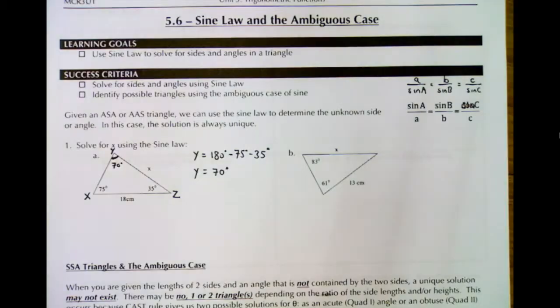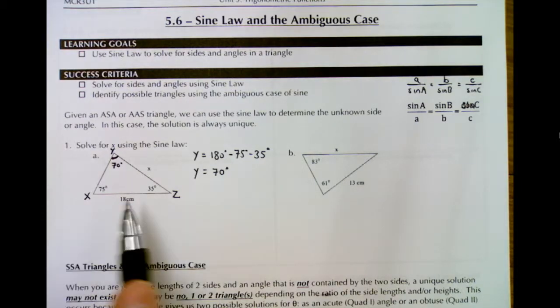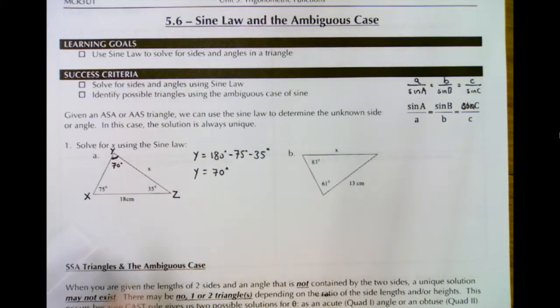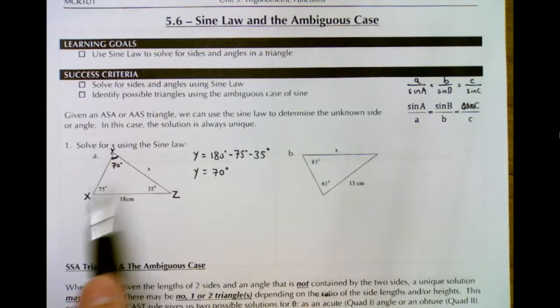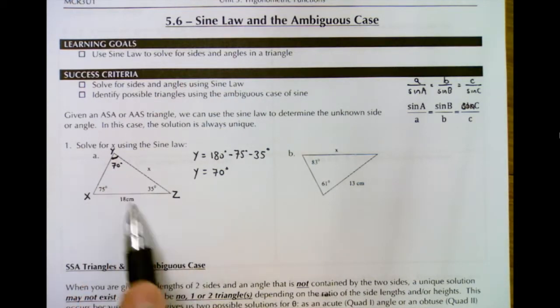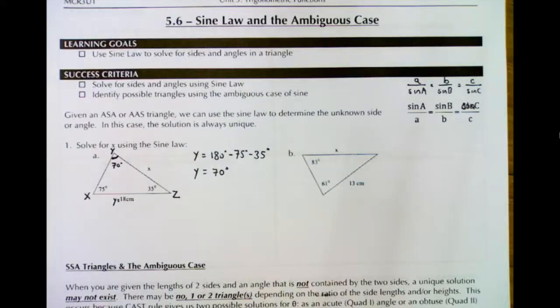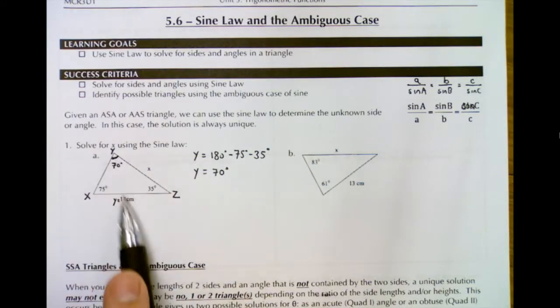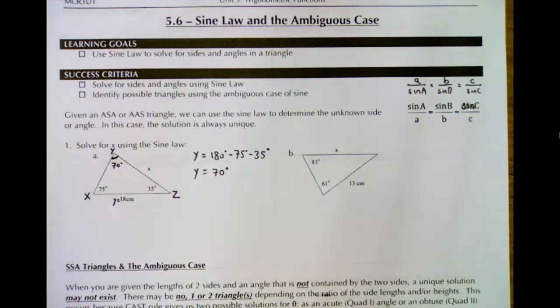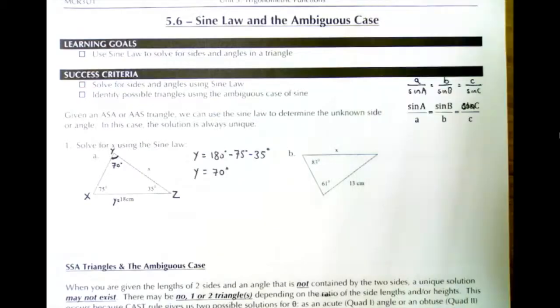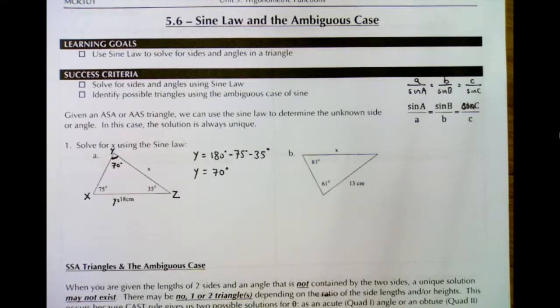So now I know Y, and now that I have a pair, I can use the sine law. We want to solve for X, so we need to write a sine law that includes our X's and the pair that we have. The pair we have is the Y's. We know side Y. And if you've forgotten, angles and sides that are across from each other are labeled with the same letter. So let's write a sine law. I'm going to put sides on top because we're solving for a side.